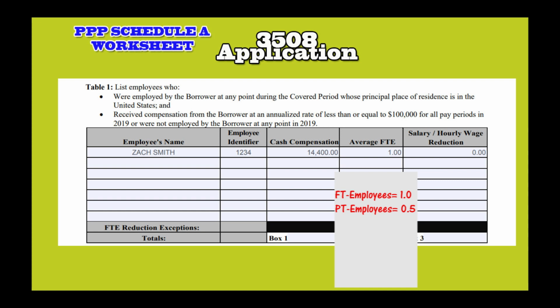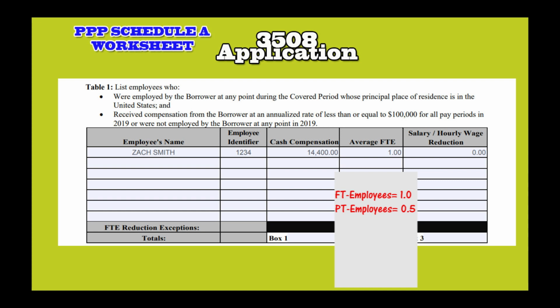If Zach Smith worked on average 40 hours per week, you would put 1.0. If Zach Smith was part-time, you would put 0.5. Okay? So, that's how you would do that.